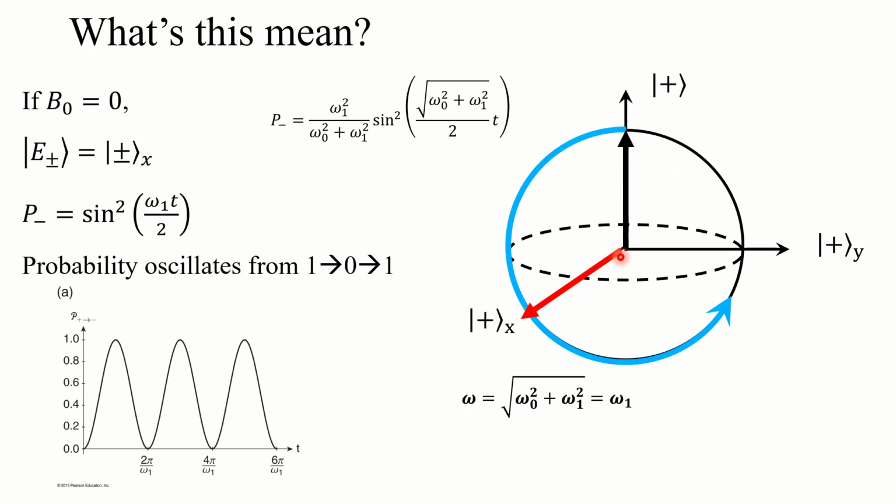We have a magnetic field defined in the x direction that sort of sets our Hamiltonian, and that spin up state vector starts to precess around that magnetic field direction, and the probabilities oscillate from 0% of us measuring a spin down in the z direction when the state vector is up here, all the way up to unity probability of measuring spin down when the state vector is pointing here, and just oscillating around like that, precessing at a frequency omega 1 that's set by the strength of that magnetic field in the x direction.